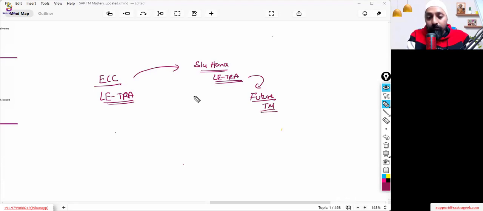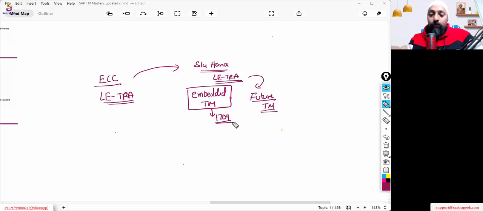And we have put in an embedded TM. We have given the embedded TM. Embedded TM came up from the 1709 version. Okay, from the 1709 version, embedded TM came up. You use embedded TM, but for embedded TM, you require license.